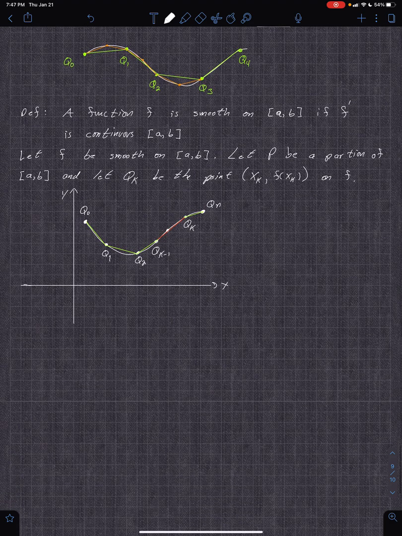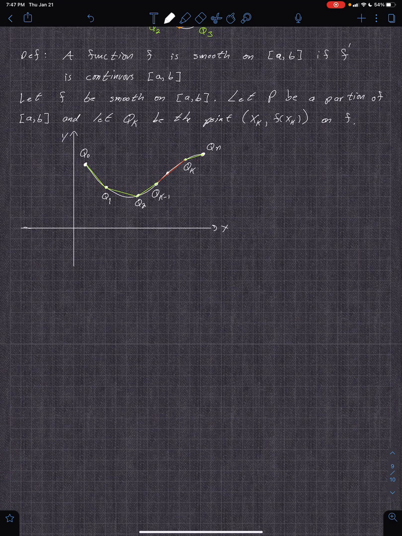Then down here on the graph, here's your x naught. This is your partition. This is x1, x2, and here's your x sub k minus 1, x sub k, and then we called this one x sub n, although it doesn't look quite like that.